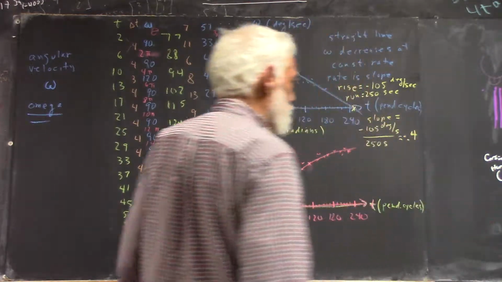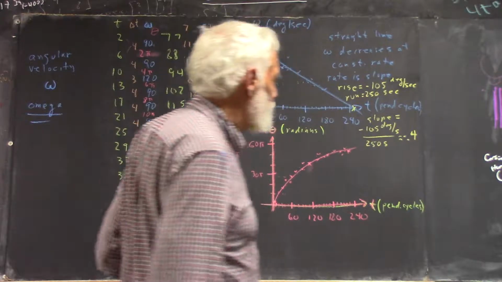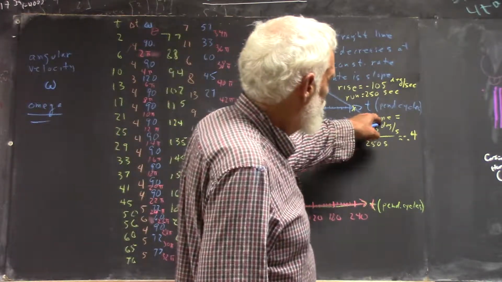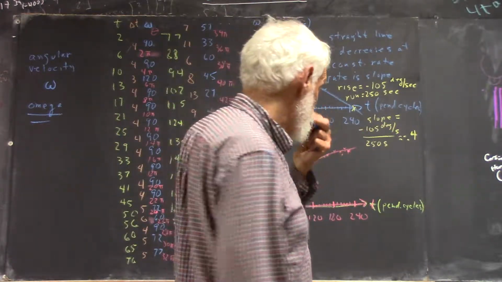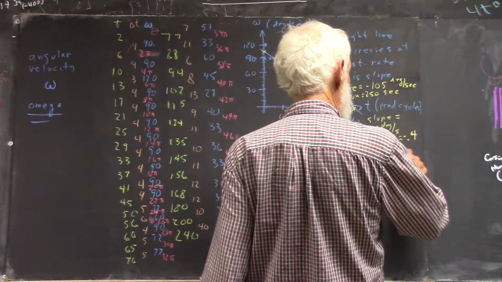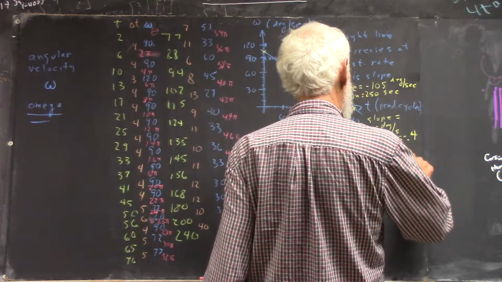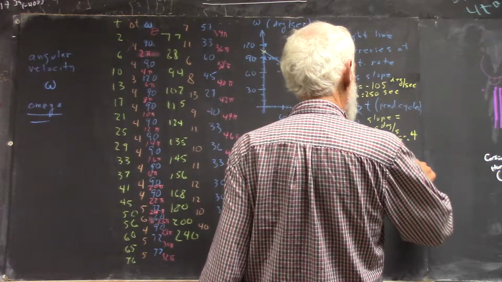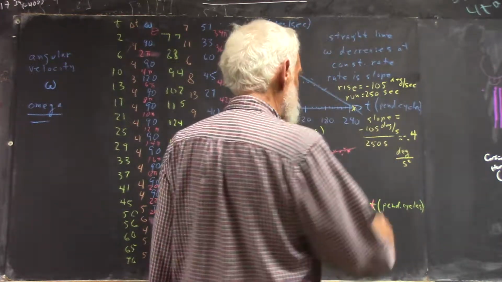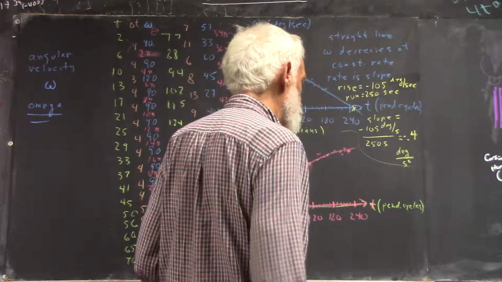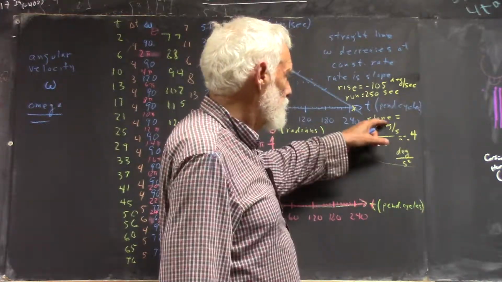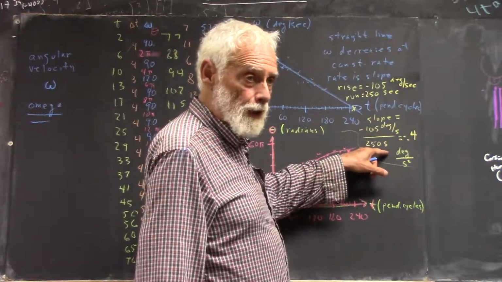I don't have room there to write the units, I'll have to write them below. What are the units? What do you get if you divide degrees per second by seconds? Well, you get degrees over seconds squared. That's degrees per second squared. You can see it as degrees per second, and that has a meaning.